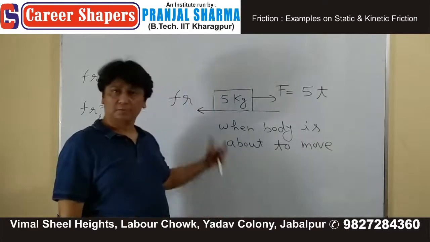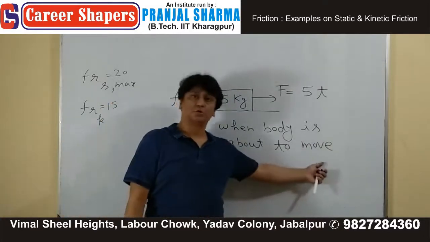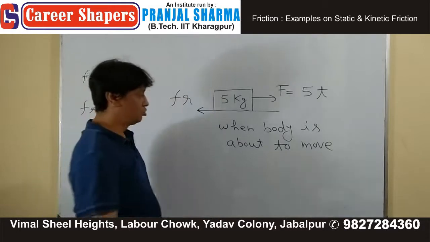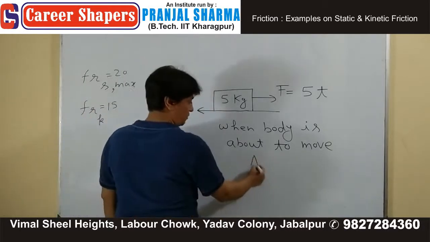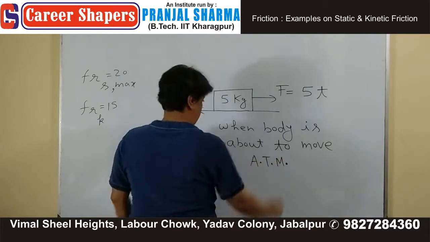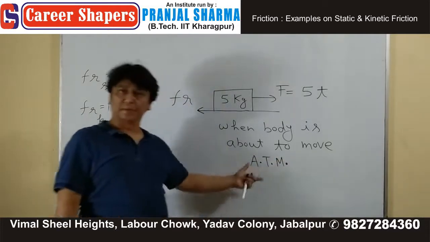हम इस चीज को कई बार यूज किया करेंगे. About to move. When body is about to move, and in short I will write ATM. ये कई बार आएगा अपने पास टर्म.